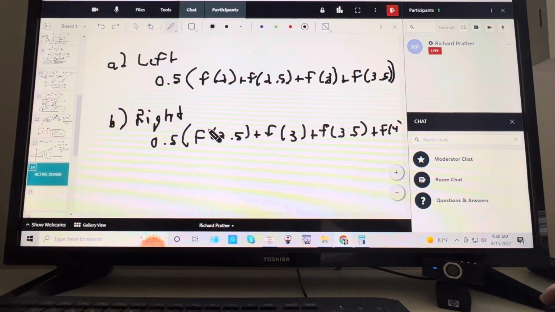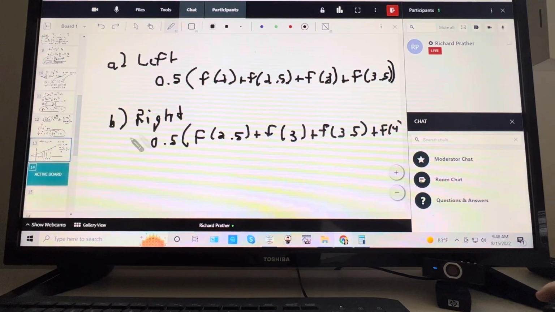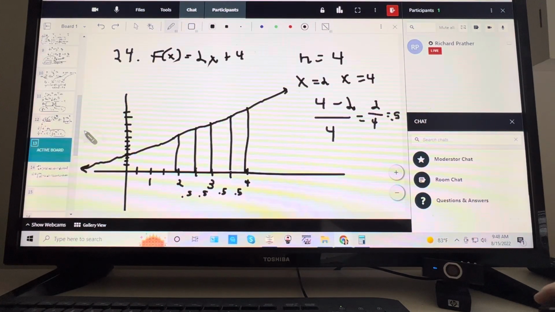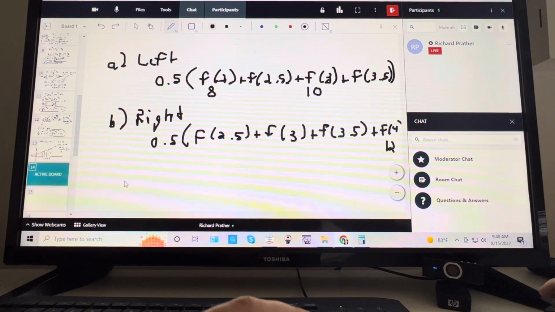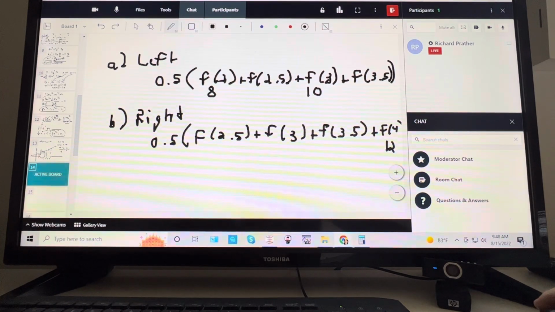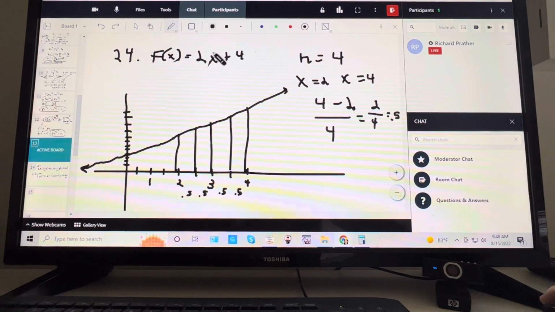And f of 2 was 8. 4 plus 4 is 8. F of 3 was 10. And f of 4 was 12. I know that because I put those spots on my graph. But you can calculate them each time. Plug in a 2, plug in a 3, plug in a 4.